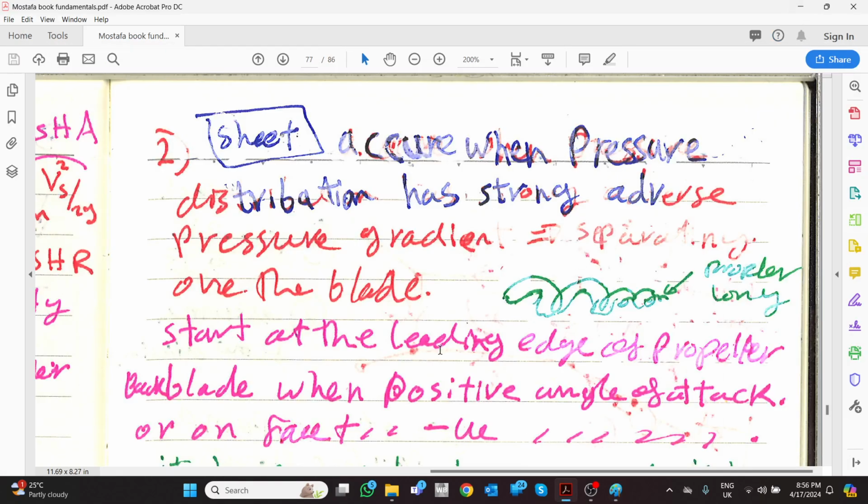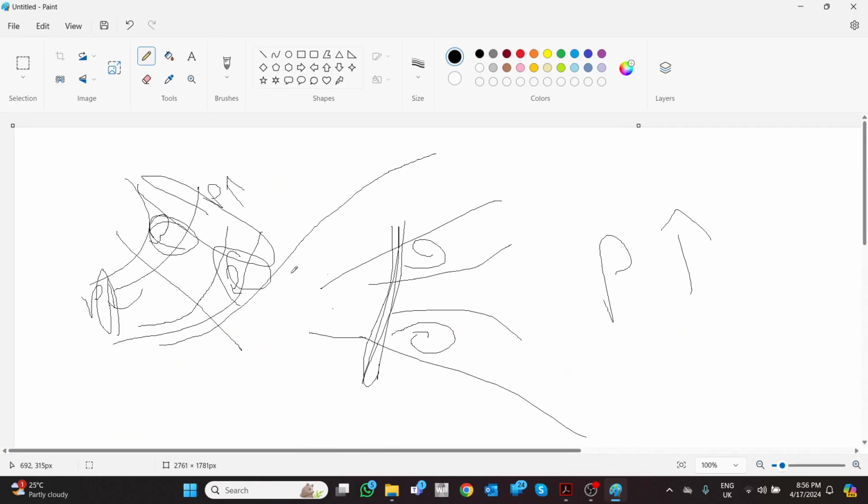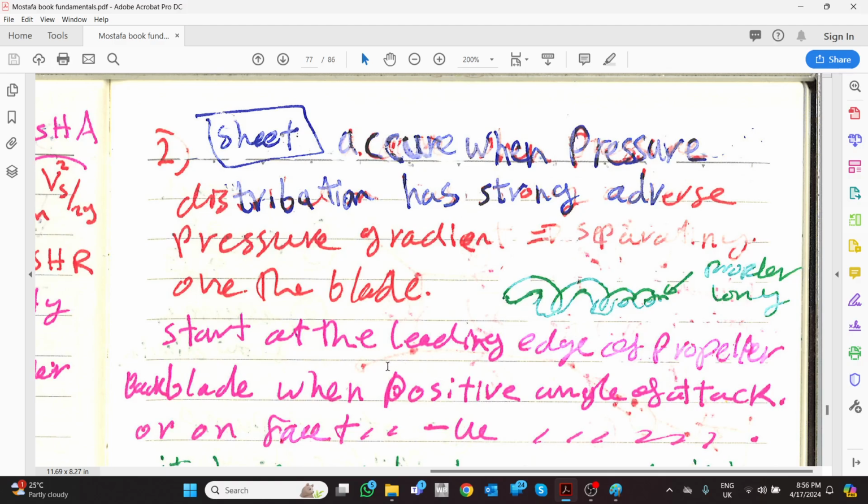Let's say separation happens. When it happens and that vortex forms, it increases the velocity here, which reduces the pressure. When the pressure is reduced under the vapor pressure, it can act as cavitation.